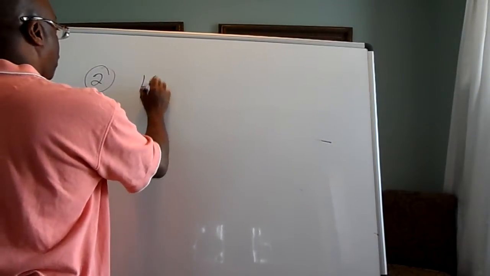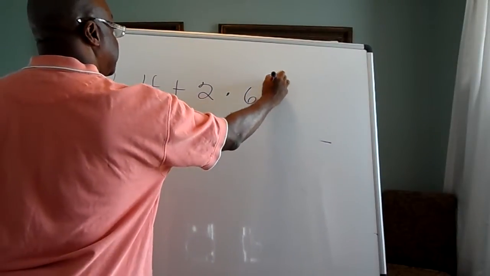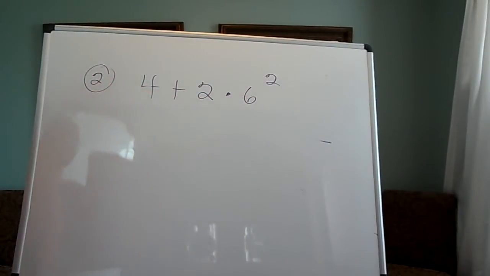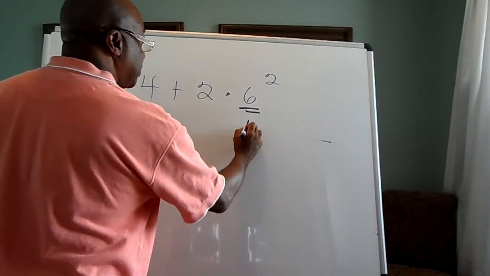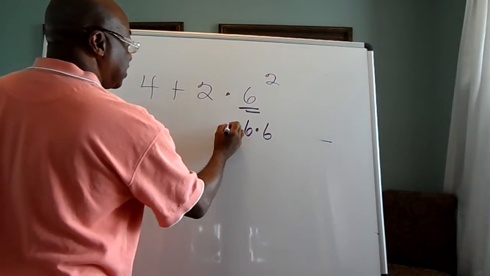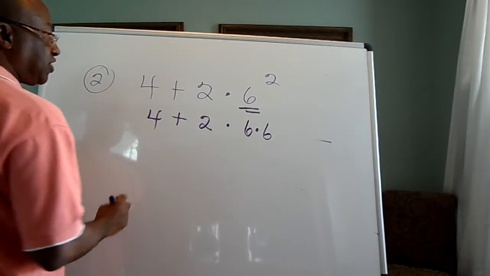Number 2. 4 plus 2 times 6 to the second power. According to the order of operations, we do exponents. Remember, PEMDAS. So we do the exponents. What does this mean? 6 to the power of 2 means 6 times 6. Bring down the rest of the problem as you see it. Decision time.